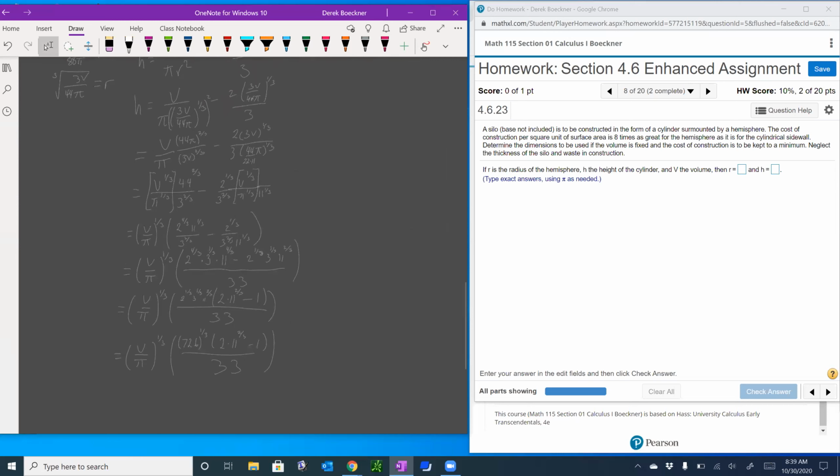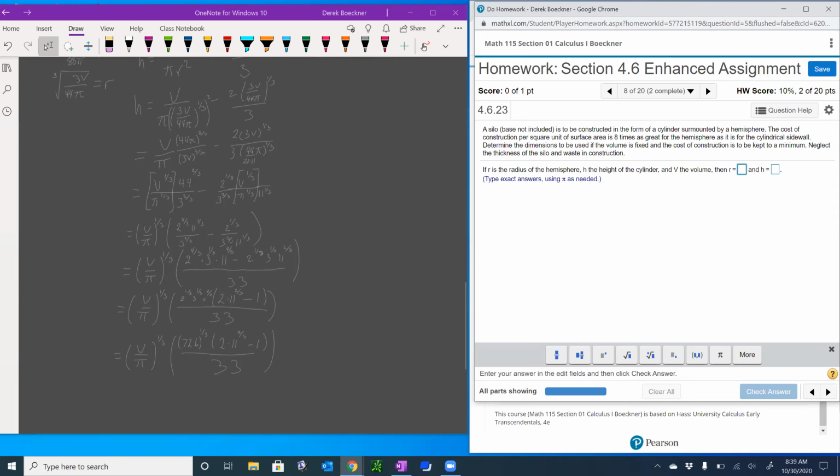Okay, let's plug these in. Hopefully I didn't screw up algebra too badly. The radius, that's the simple one. That's the cube root of 3V divided by 44 pi.